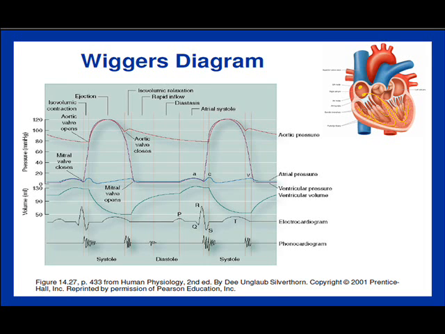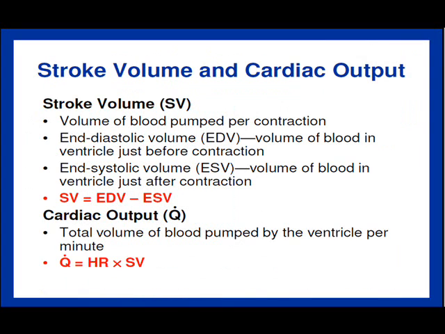Okay. Stroke volume and cardiac output. Again, you would have seen hopefully these terms before. What is stroke volume? Basically, it's the volume of blood pumped per contraction, so usually milliliters per beat. Stroke volume is made up of the end diastolic volume and the end systolic volume.